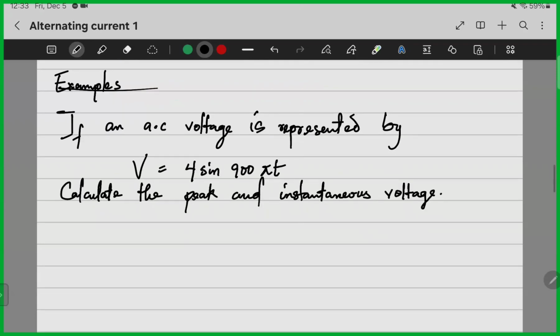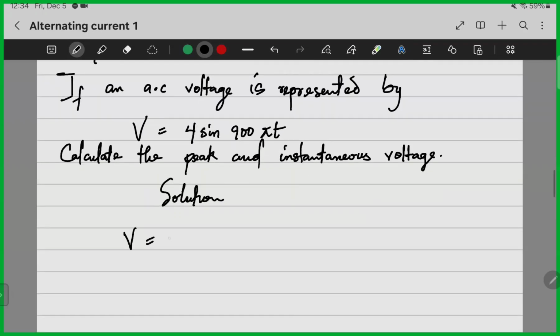Now, just from what we have exercised ourselves running through, we compare what we have in this question versus our standard formula. We know that V equal to V naught sine 2 pi ft.